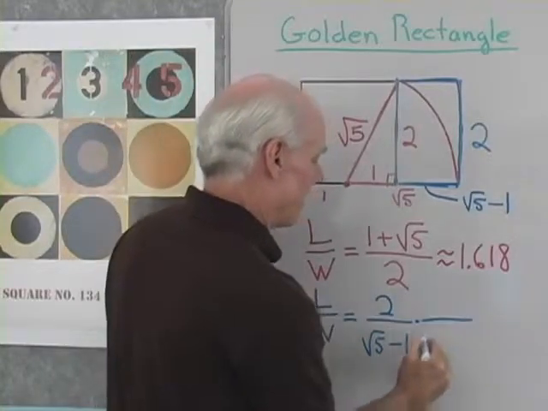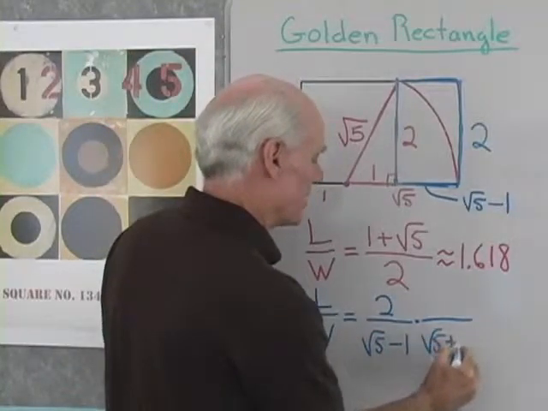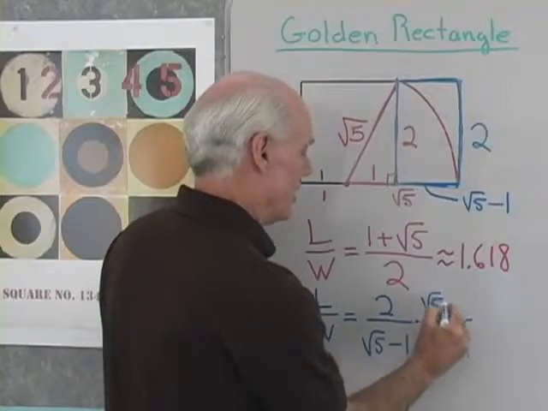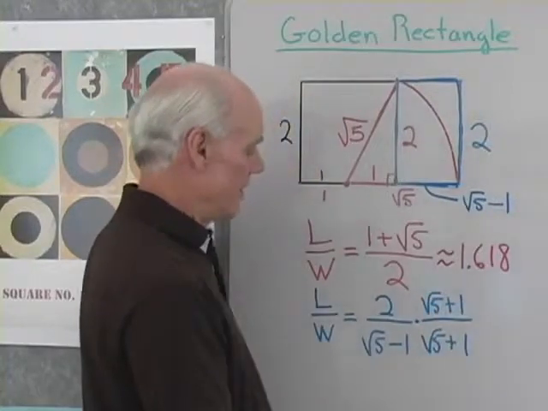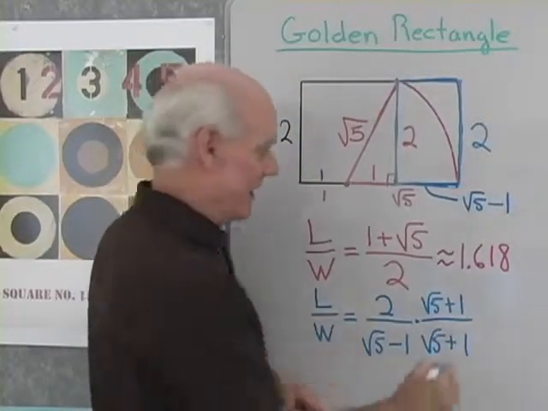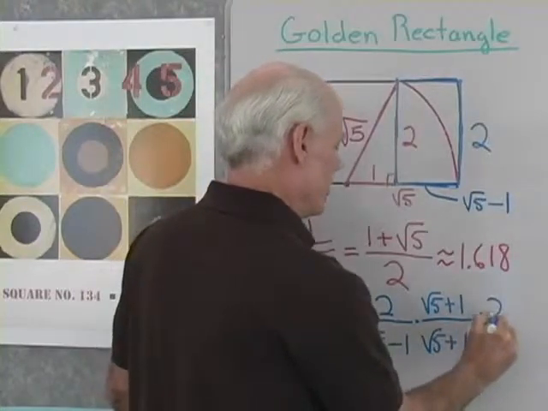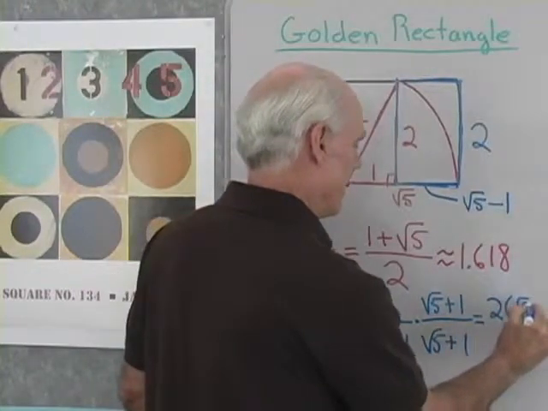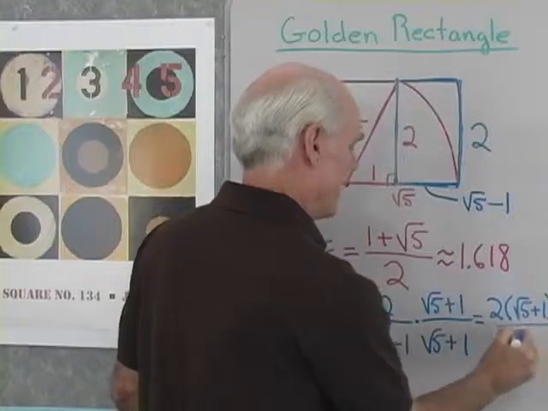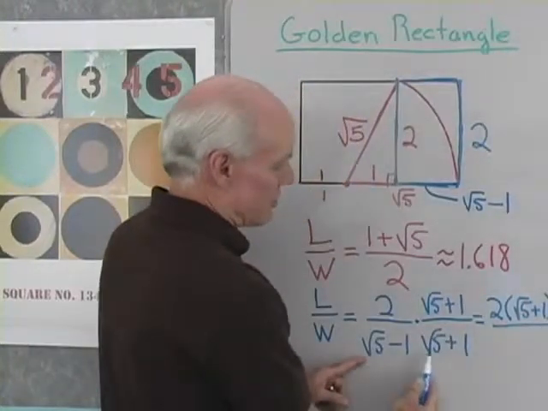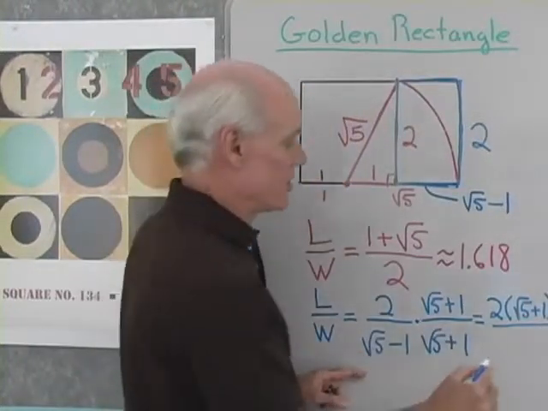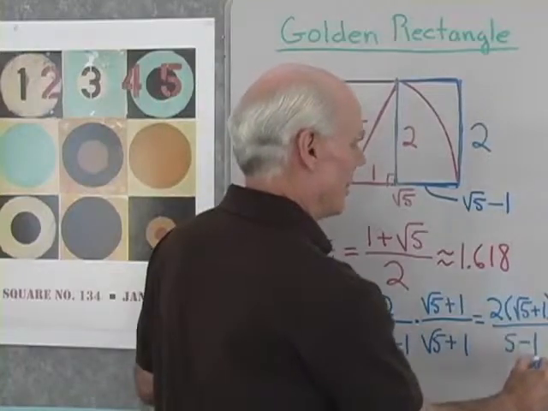So to do that, I'm going to multiply by square root 5 plus 1 in the denominator and square root 5 plus 1 in the numerator. In the numerator, I get 2 times square root 5 plus 1. And in the denominator, I get square root 5 squared minus 1 squared. So 5 minus 1, which is 4.